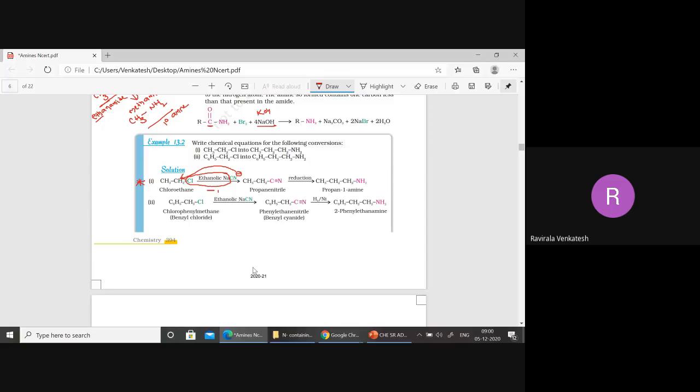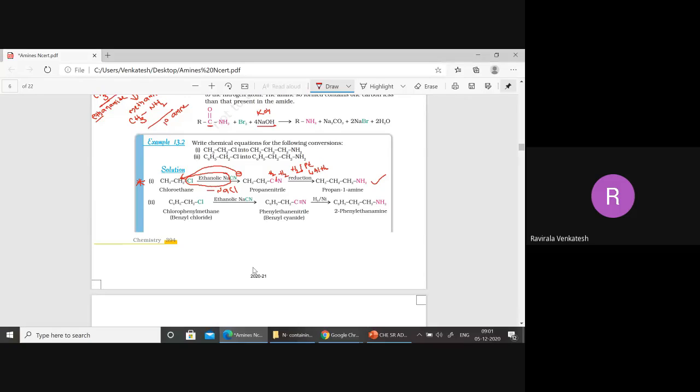Yes. NaCl is removed here. Now in the place of Cl, nucleophile CN minus attacks here. We got propane nitrile. After that, this can be done with hydrogen in presence of platinum or lithium aluminum hydride. You can break the two pi bonds here and put two hydrogens and two hydrogens, and you are going to get the propanamine.